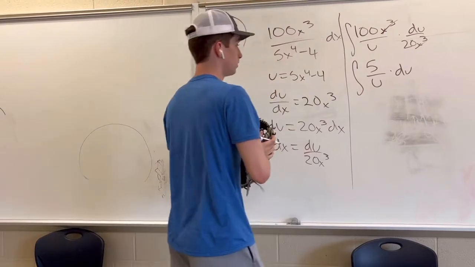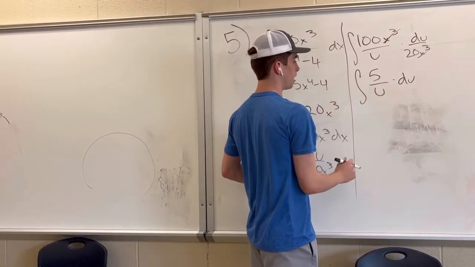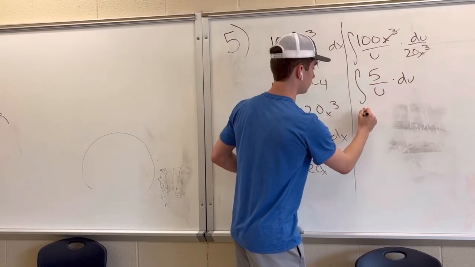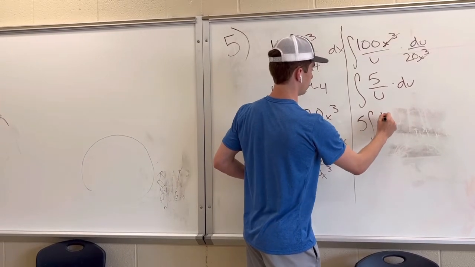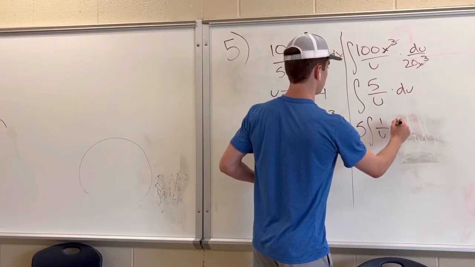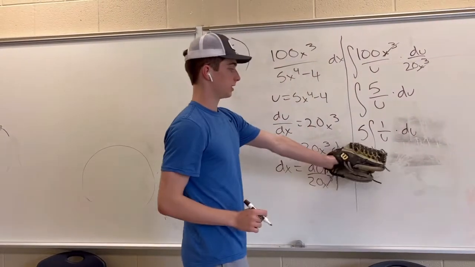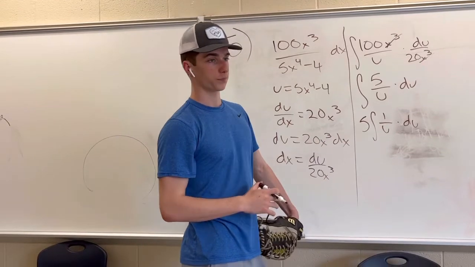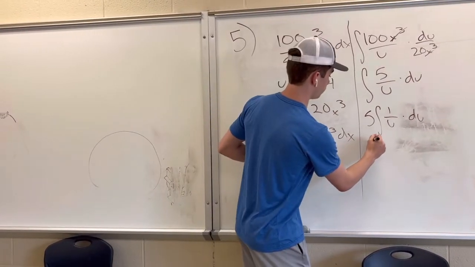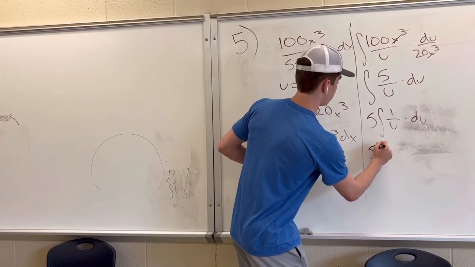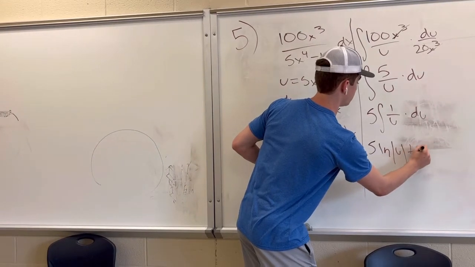And now, to further simplify the equation, you want to move the 5 out from the numerator and move it in front of the integral. So we're going to get 5 integral 1 over u times du. And now this equation fits our integral formula. So using that formula, we're going to get 5 ln u plus c.